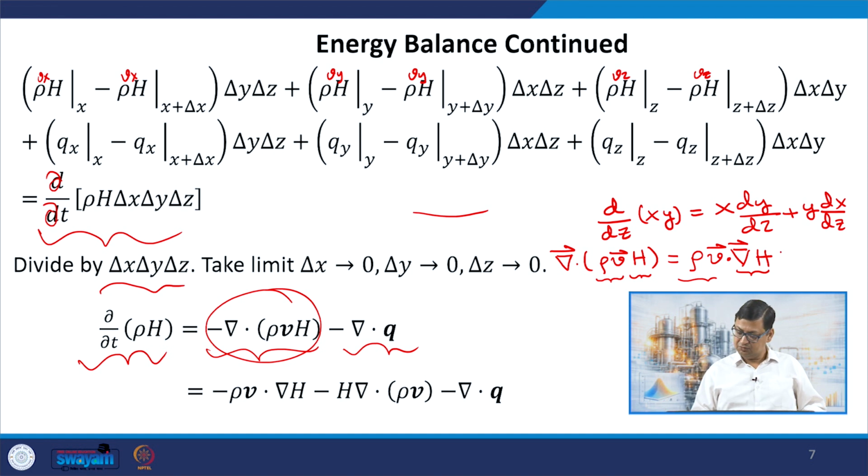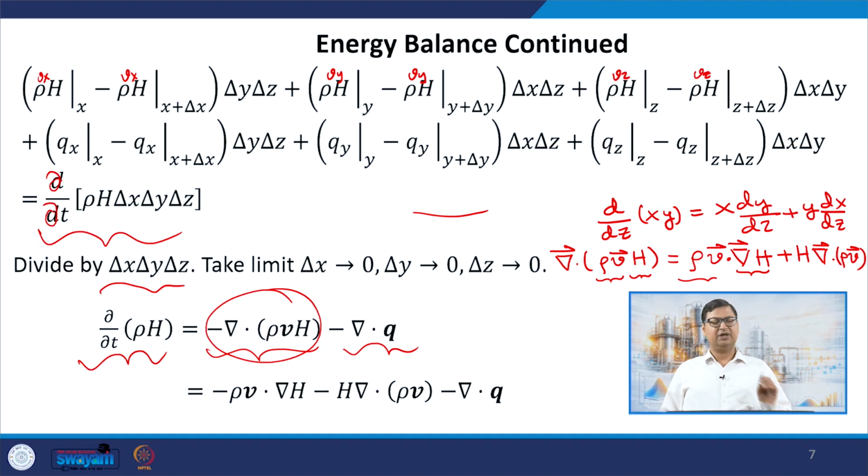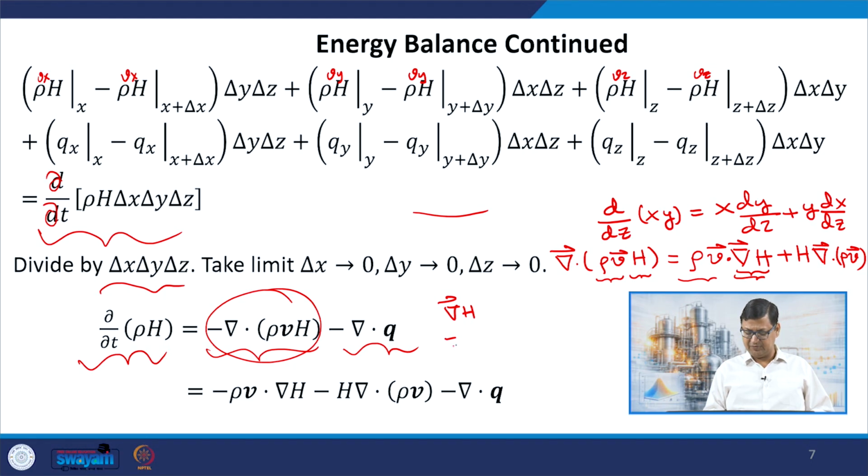Now I will take h out of this, and then I do del, and now rho v is a vector, so I can very well do del dot of it, right? You can expand these terms here if you wish. So in this case, del h is the application of the del operator on h, that will give me ex dou by dou x plus ey dou by dou y plus ez dou by dou z applied on h.